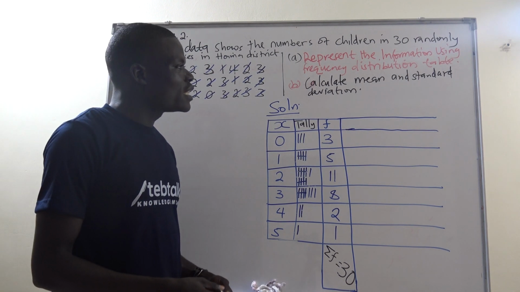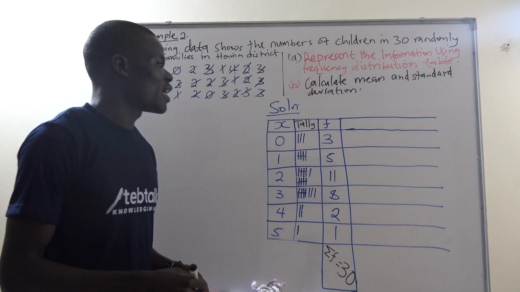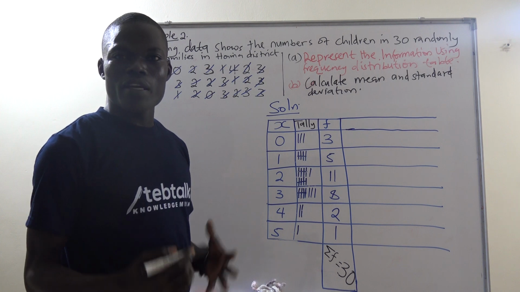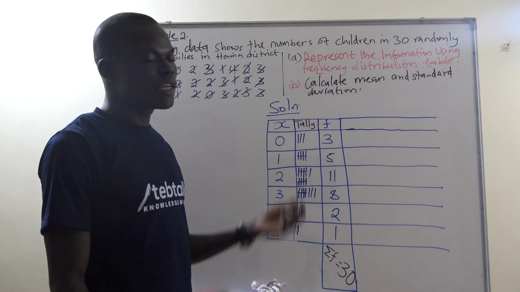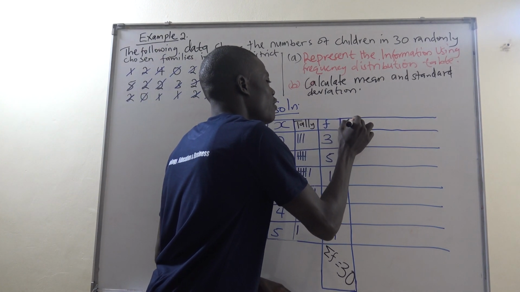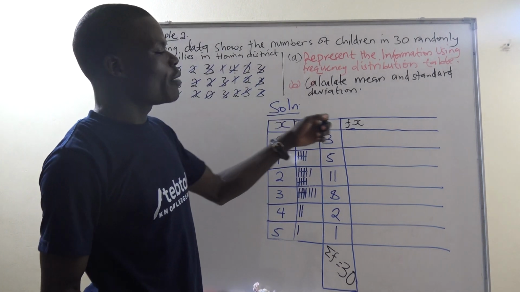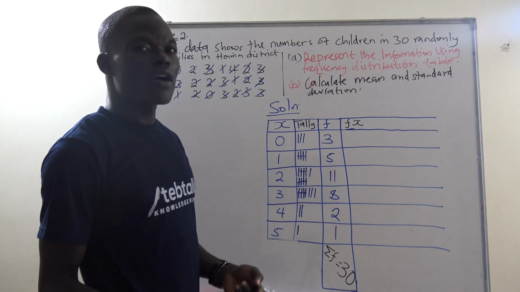So to start with, we know that mean will be summation of fx. So summation of fx obviously will mean that we shall need to have a column for frequency times the variable x, which is fx. Here you multiply the variable x times the frequency to get the values of fx.